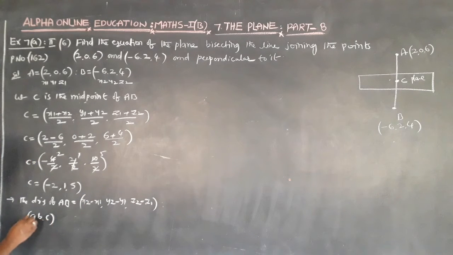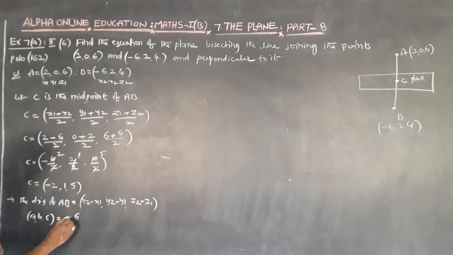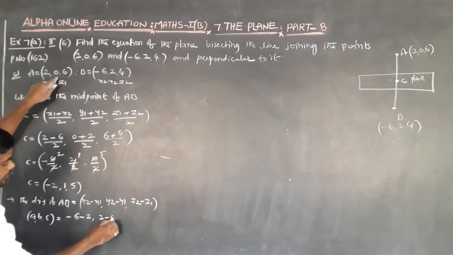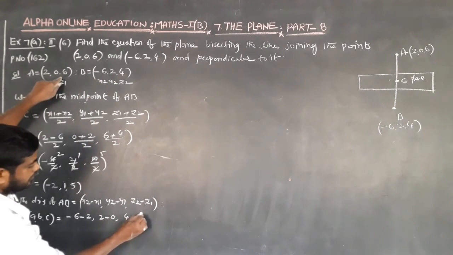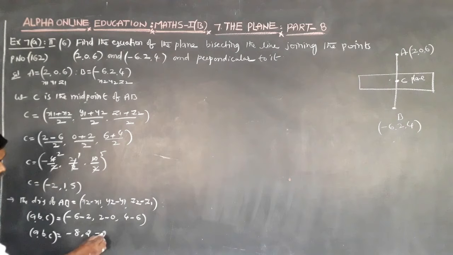DRs a, b, c are equal to minus 6 minus 2, 2 minus 0, 4 minus 6, which is minus 8, 2, minus 2.